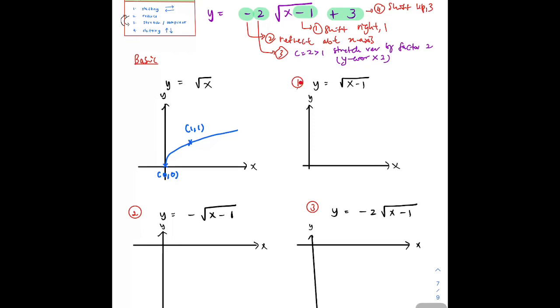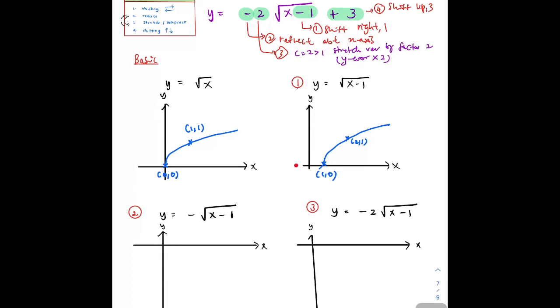Now let's go to the first transformation, which is shifting right by 1 unit. So let's just take the graph and shift to the right. So the coordinate now from 0, 0 now is 1, 0. And from 1, 1 now this is 2, 1. Now let's go to the second transformation, reflect about x-axis.